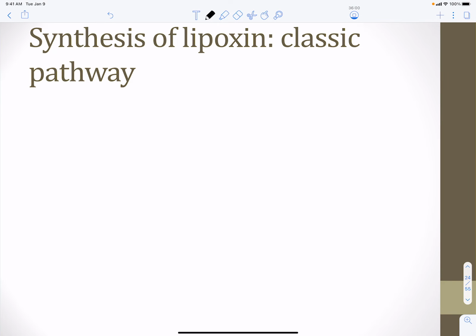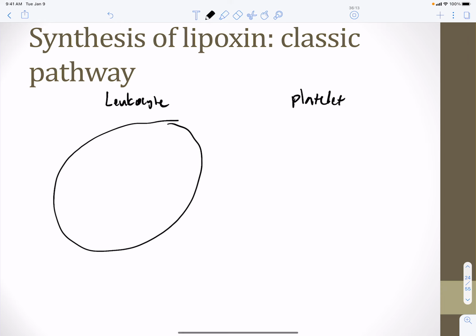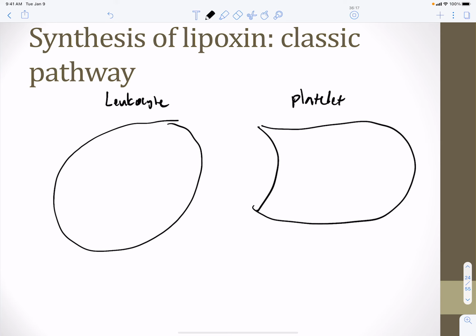So in the classic pathway, you basically have a leukocyte that's going to interact with a platelet. Okay, so we have our leukocyte, our white blood cell, and I'm going to make a platelet very large so I can write in it, but platelets are usually much smaller than this. And so you're going to have a G protein receptor on the surface of your leukocytes.